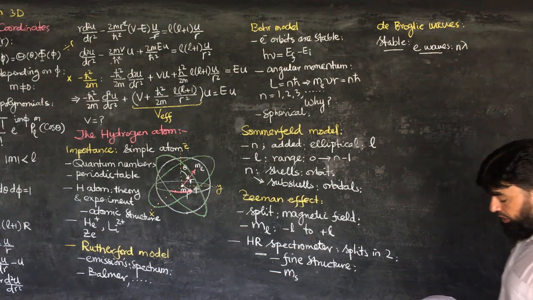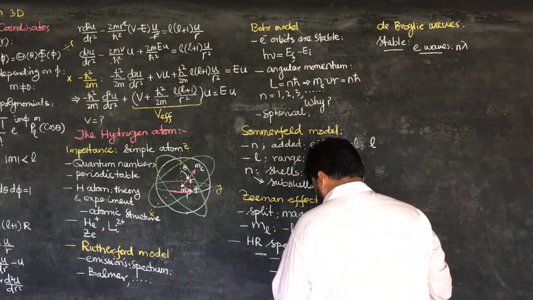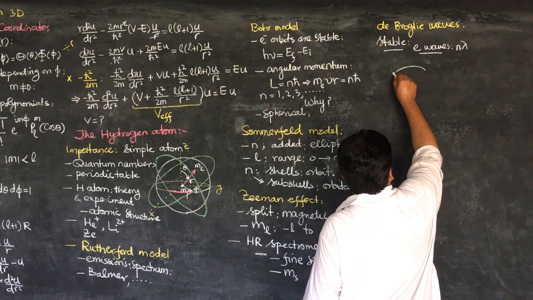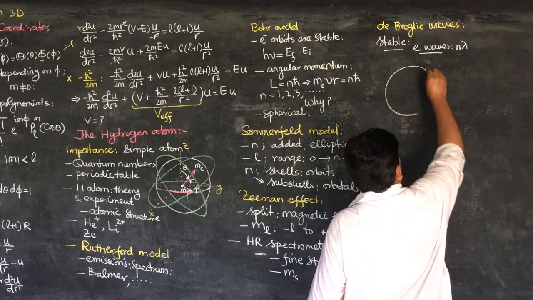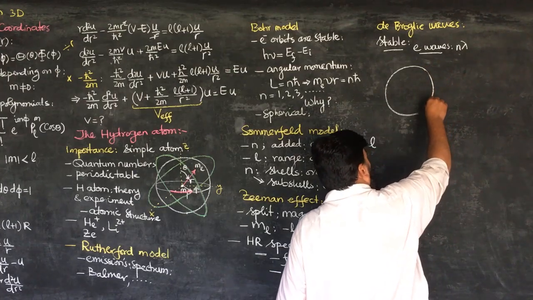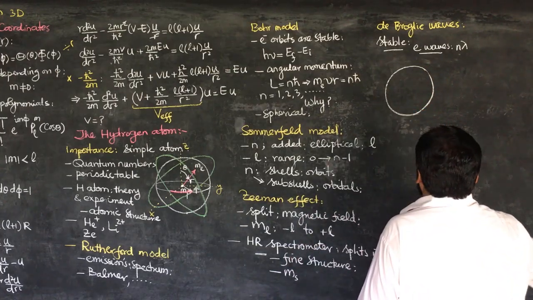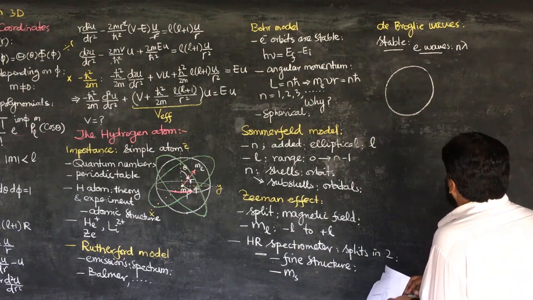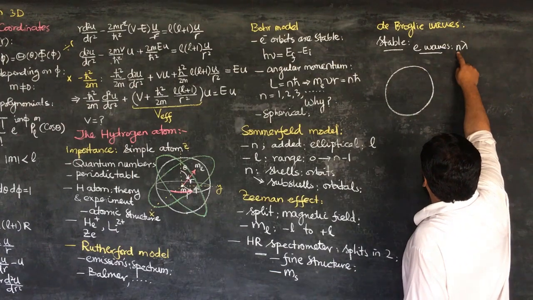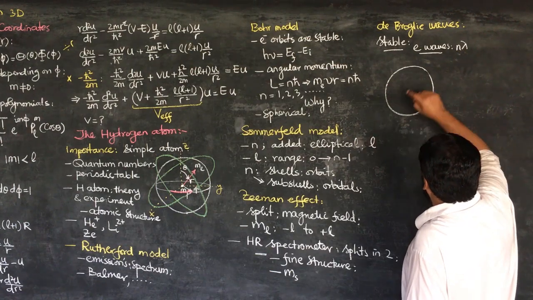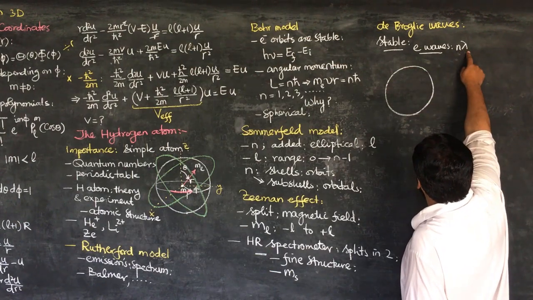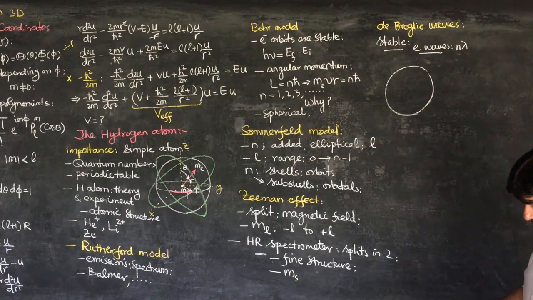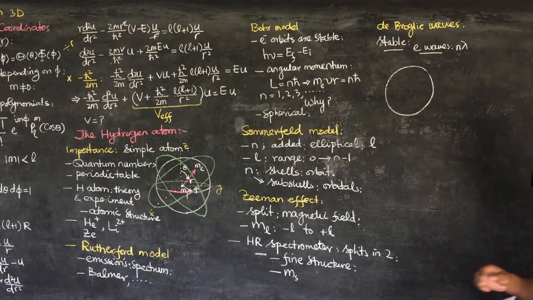For example, if I consider that this is an orbit, and in this orbit an integral number of wavelengths are there, like 1 wavelength, 2 wavelengths, 3 wavelengths, and so on, then it will be called a stable orbit.